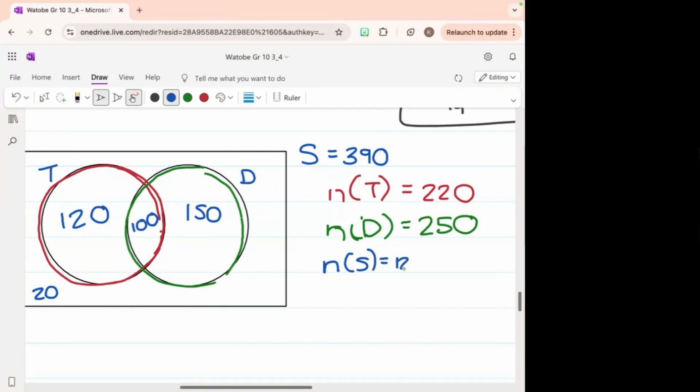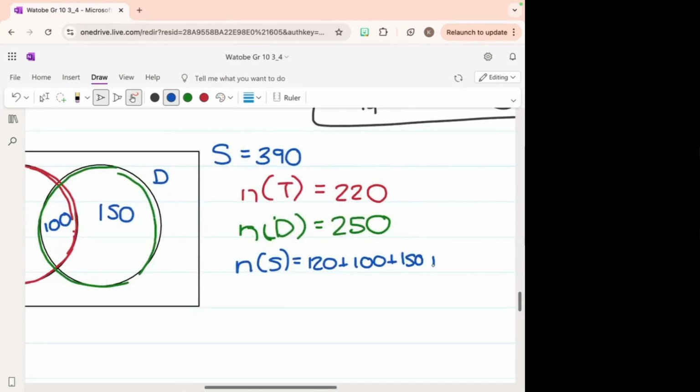I took 120 plus 100 plus 150 plus 20, and that gave me 390.